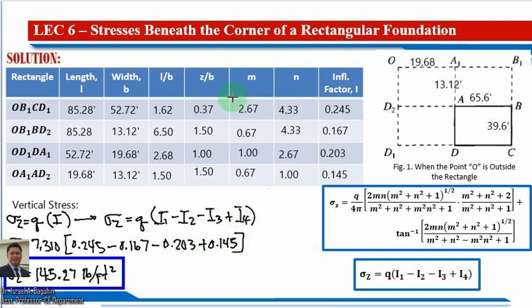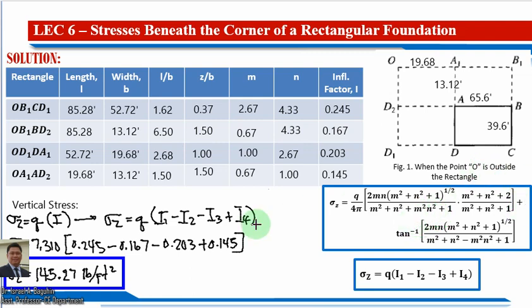And if you intend to use this ratio of L over B and Z over B using the chart, you can do so and compare the answer of our vertical stress sigma z there. So this is the application of this formula in calculating the vertical stress for a rectangular foundation.